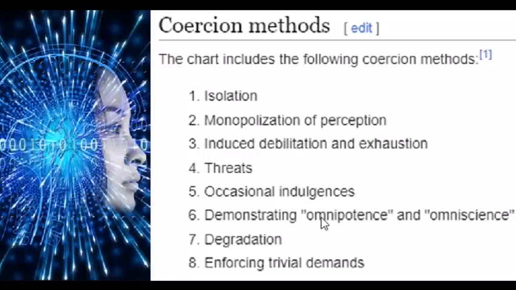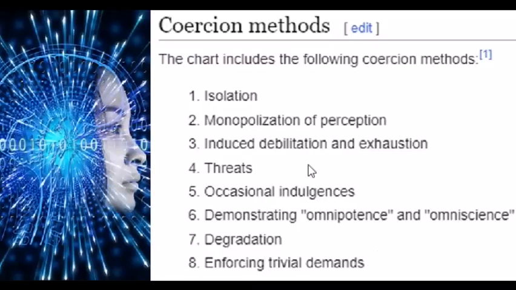And number 7, degradation, if you're humiliated and degraded, like in a work camp, then they really make you feel weak and exhausted, number 3. And 8, enforcing trivial demands as well.